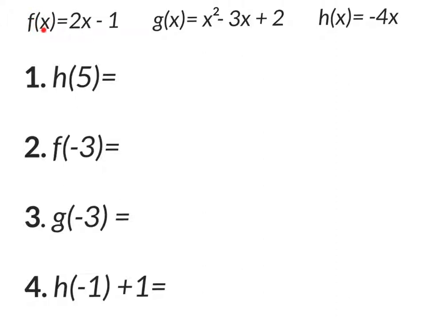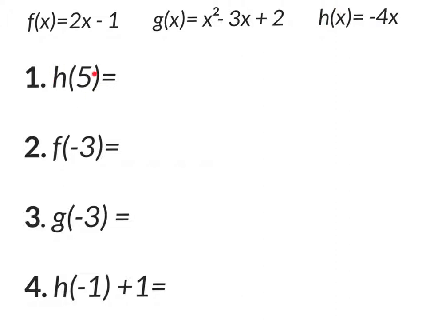In other words, the f of x, the g of x, the h of x, instead of them being y, we give it a certain name. This is the f of x function, this is the g of x function, the h of x function. If I had a y right here, a y right there, and a y right there, and I told you, hey, look at the y function, well, you wouldn't know which one to look at. But because they have a specific name, f of x, g of x, h of x, now you know which one to look at.